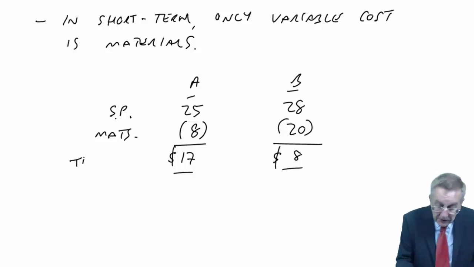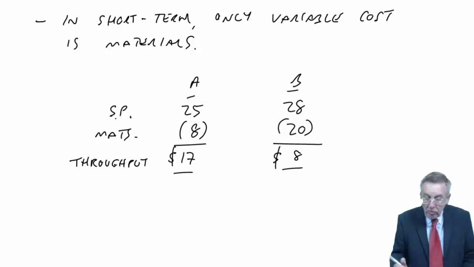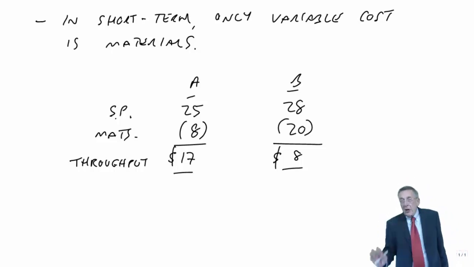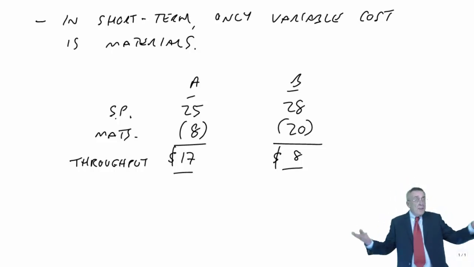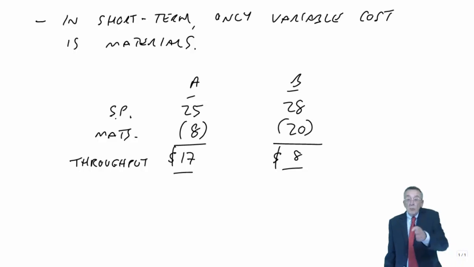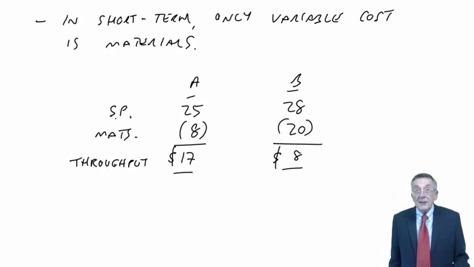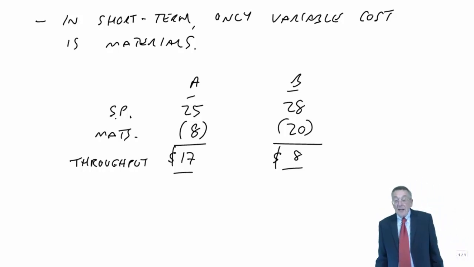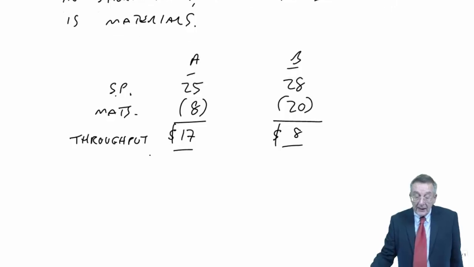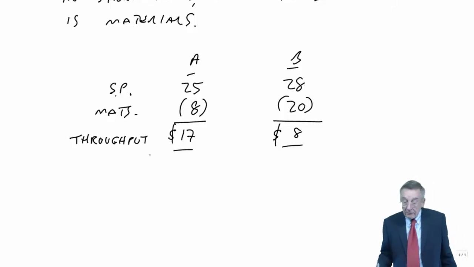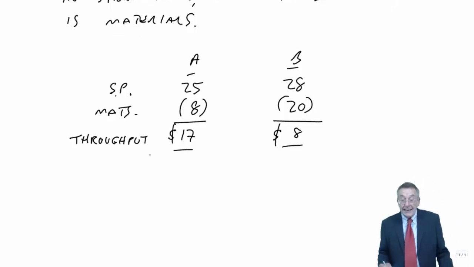That we call the throughput. And given all the other costs we're assuming are fixed, however many we produce, we want to maximise this throughput for the limited number of hours available. And on the face of it, A looks better at 17 a unit, B only 8.